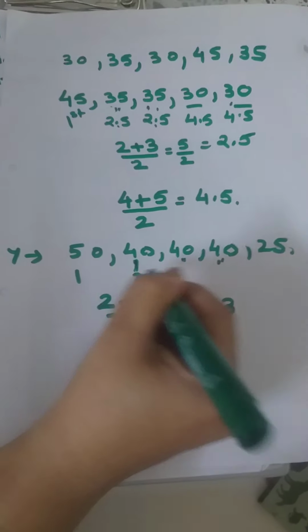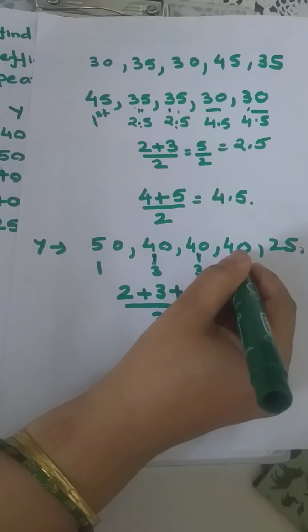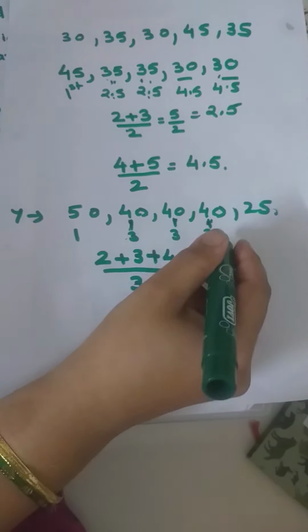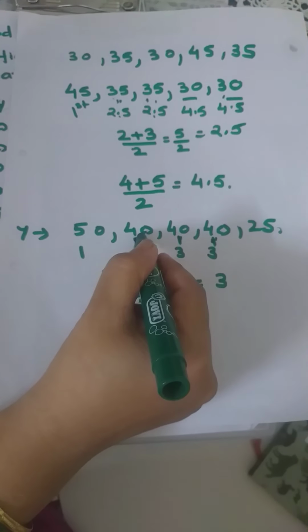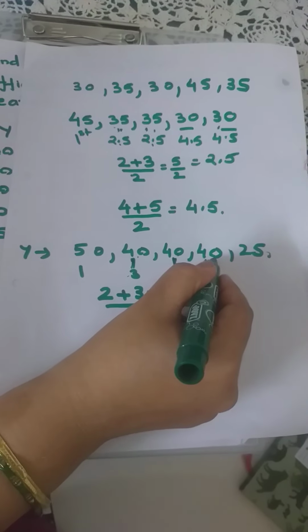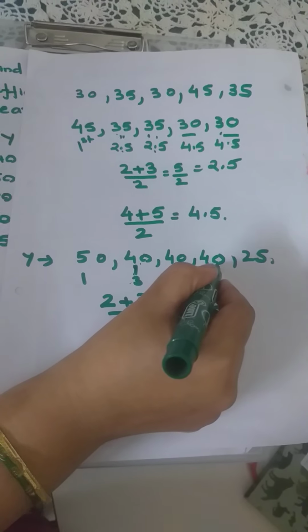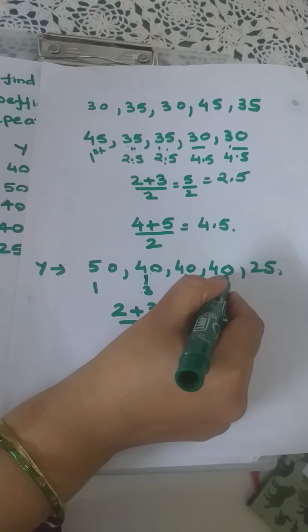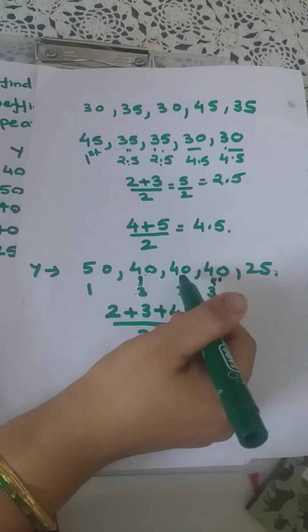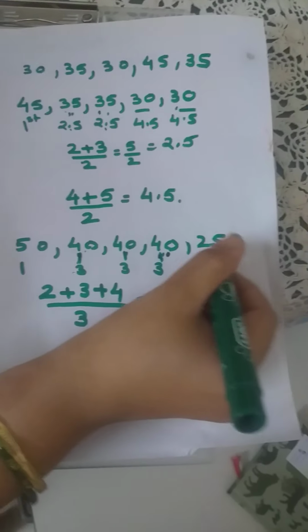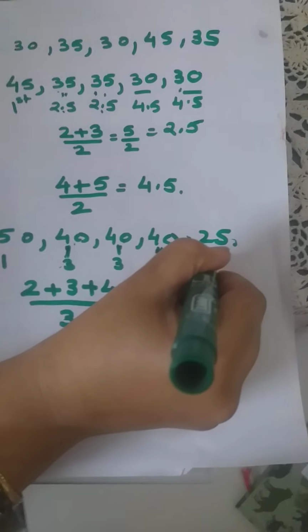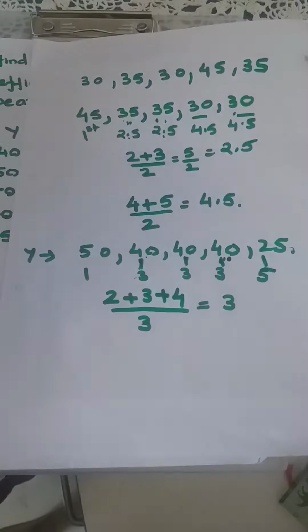So each of these observations has the rank 3. So we will not give the ranks second, third, fourth, but we will skip these 3 ranks and move to the next rank, that is the 5th rank given to the last observation.